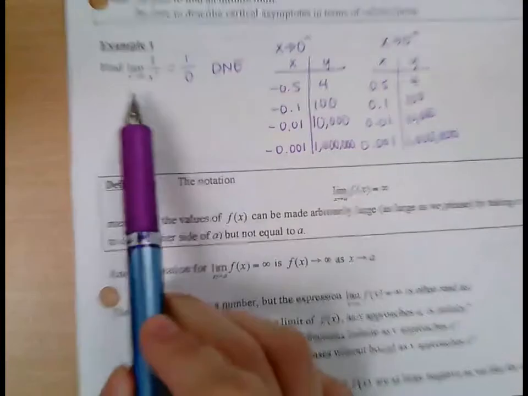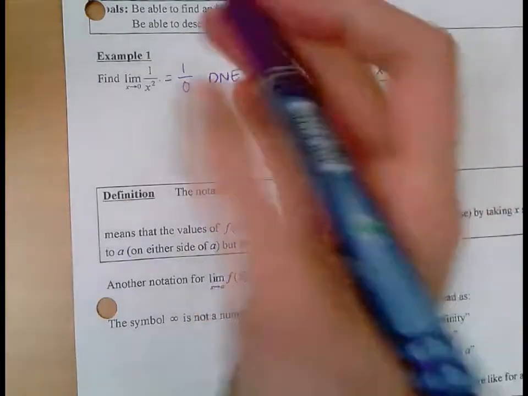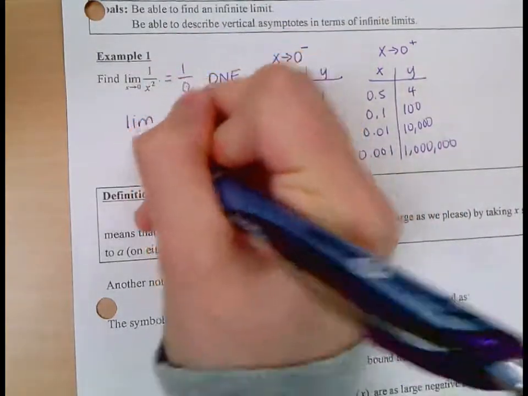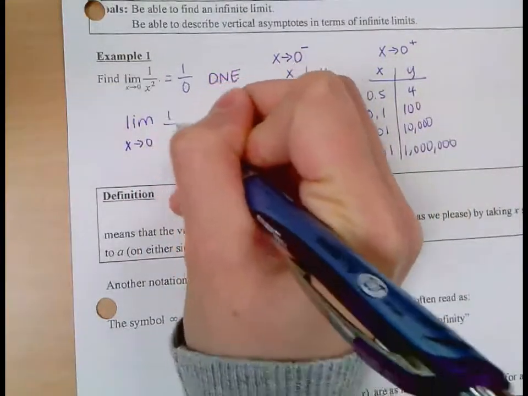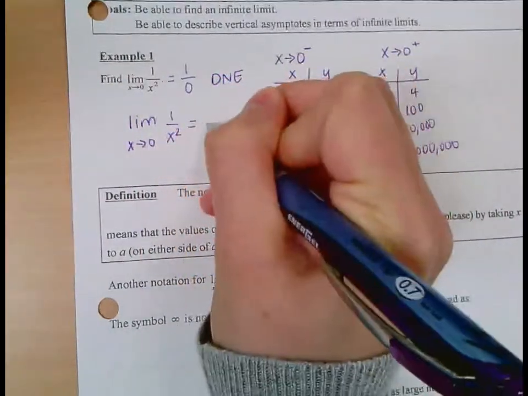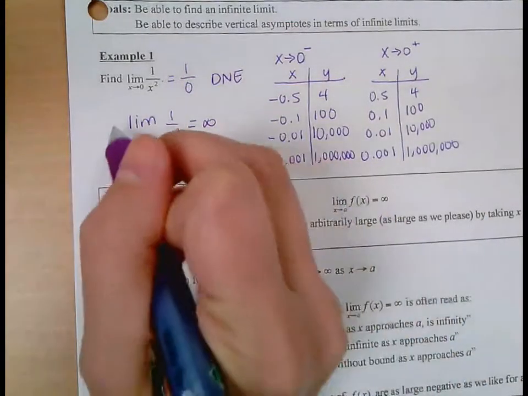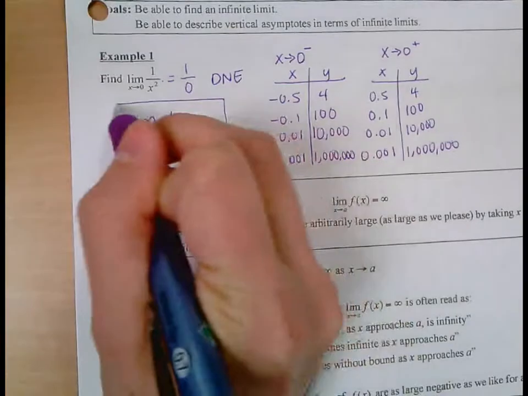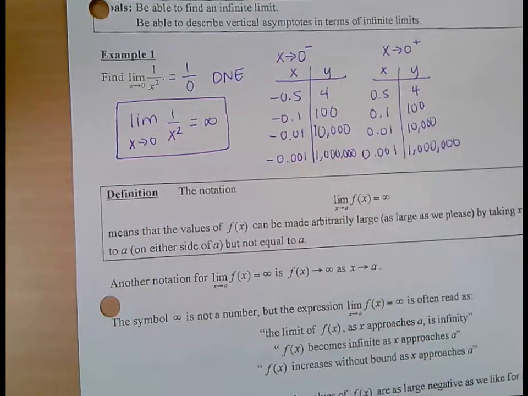So even though this limit doesn't exist, that fact is not changing. We can now explain the way it doesn't exist by saying that this limit is equal to positive infinity. So this is another way we could answer that question. So if you say it equals infinity, I want to make this clear.